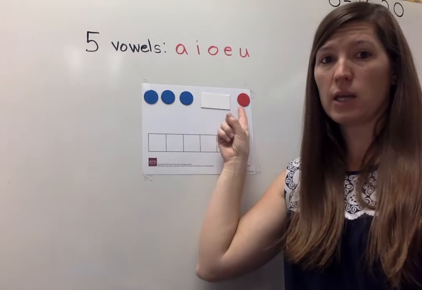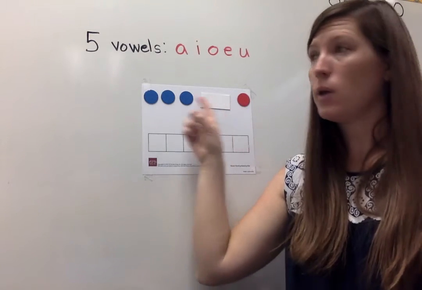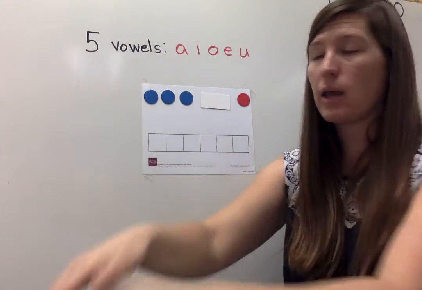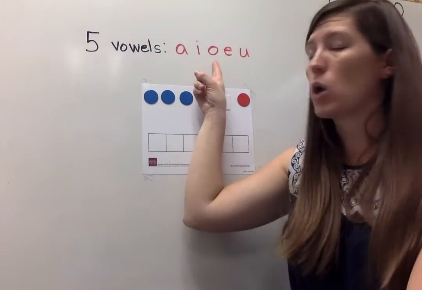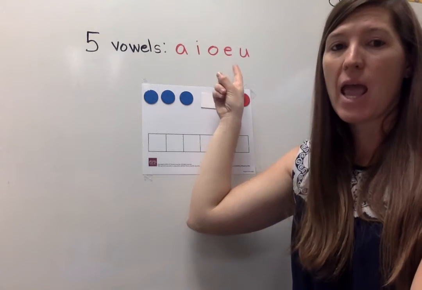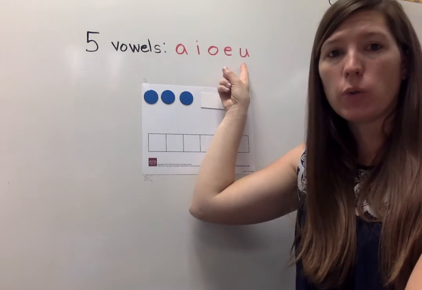The short vowel sounds have the red sound chip. The short sound for A is "a," like alley alligator. Short I is "i." Short O is "o." Short E is "e." Drop your jaw, "e." Short U is "u."